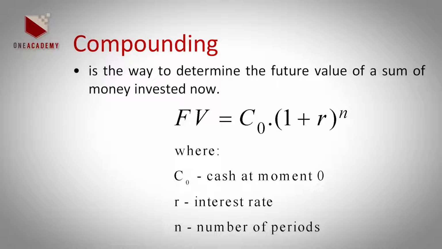FV equals C0. C0 means cash at the moment now. So whatever we have had in the beginning of the period is here at the C0, for example, $100. And then we multiply this with the so-called interest rate factor or interest factor.